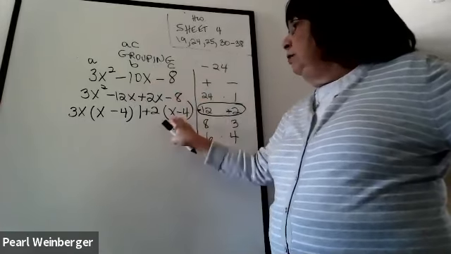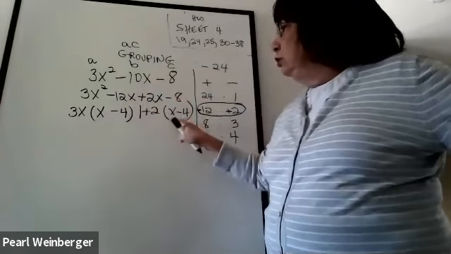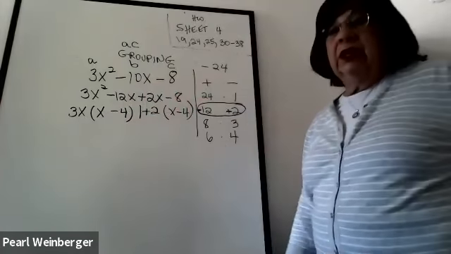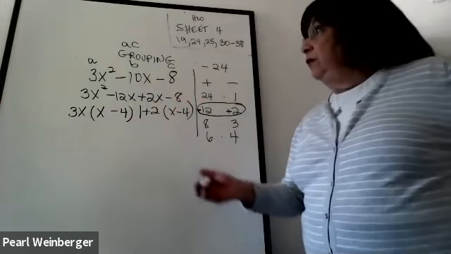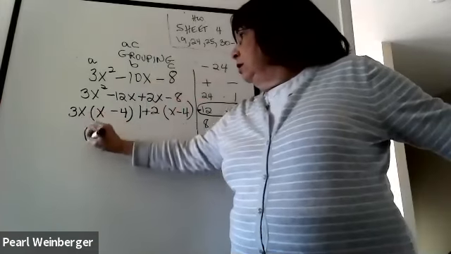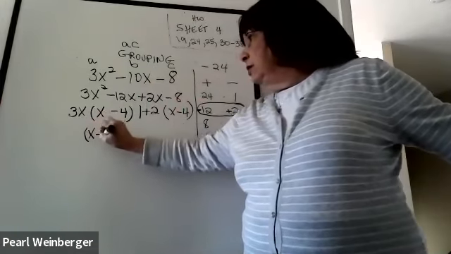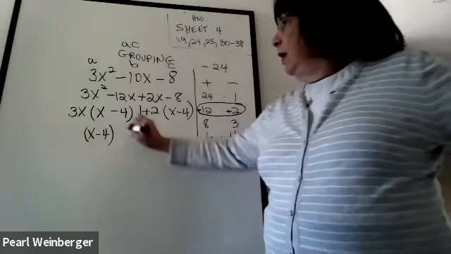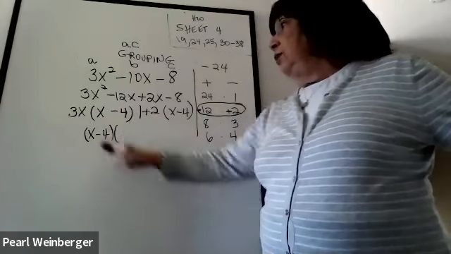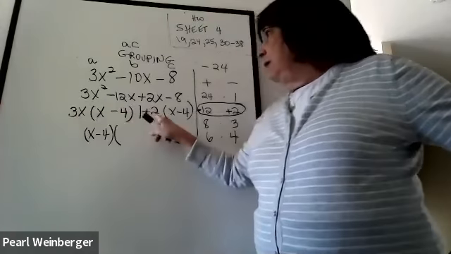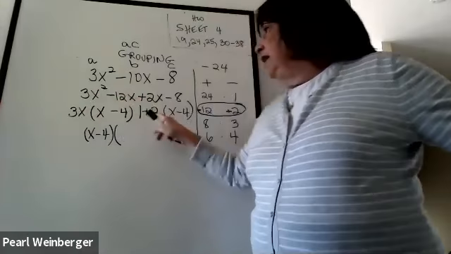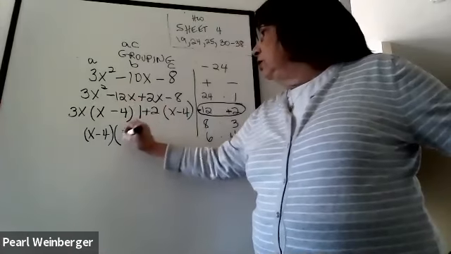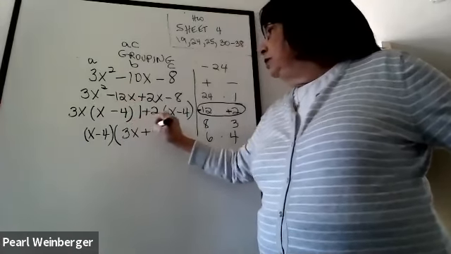You know you're on the right track because the two binomials that you see are identical. To finish this factoring, you take the common binomial factor, which is the x minus 4. And your second binomial is made of the numbers that you find outside the parentheses, which are the 3x and the +2.